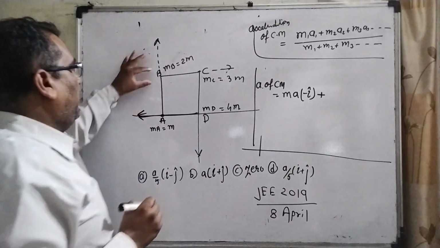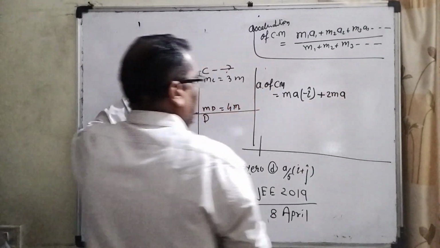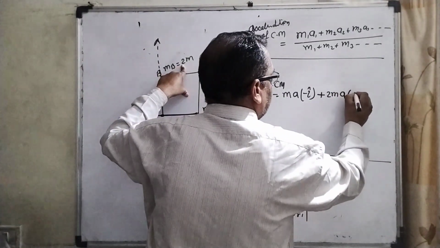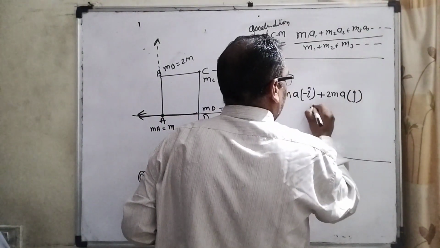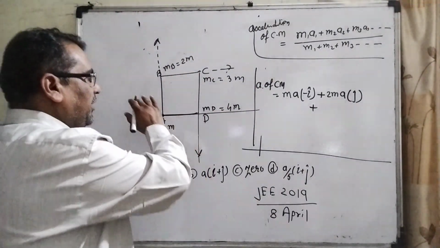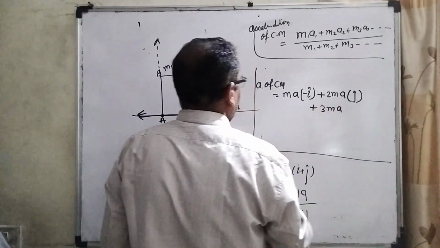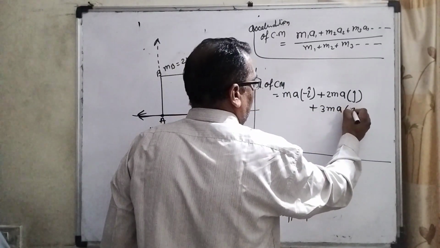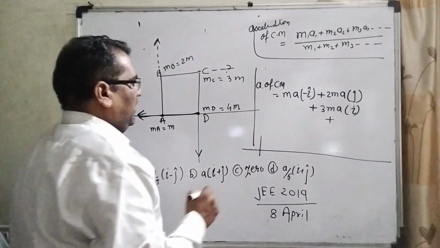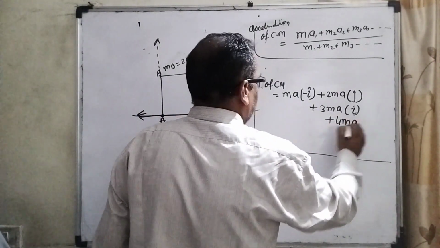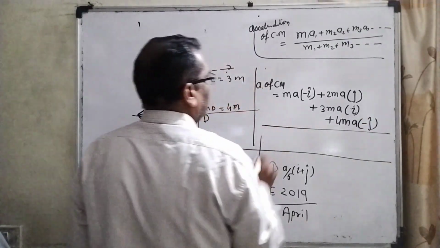Plus particle B: its mass is 2m, acceleration is a, and direction is the positive y-axis, meaning j. Plus the third particle C, which moves to the right side of the axis: 3m, acceleration a, and plus i. And the last particle D is 4m, acceleration a, and minus j, upon total mass.